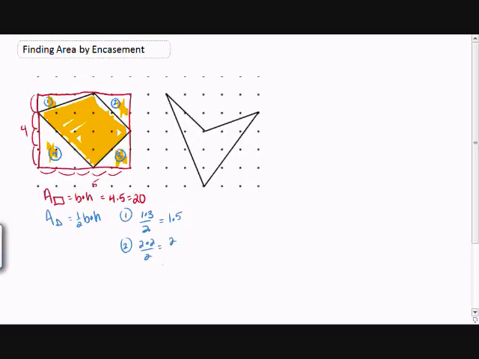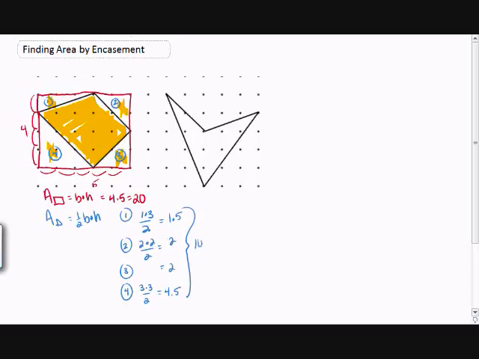The third triangle is the same, so we're just going to cheat and not do the work again since we know it's going to be 2. And number 4 is a 3 by 3, so we're going to do 3 times 3 divided by 2, which is 4.5. Now we find the sum of all that space that we want to subtract from the rectangle, and that's going to be 4, 5, 6, 7, 8, 9, 10 units.